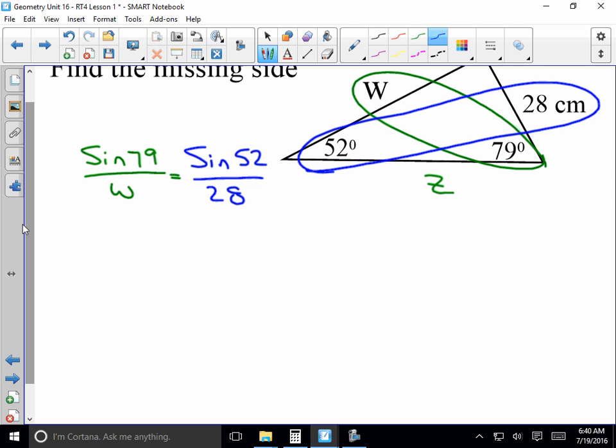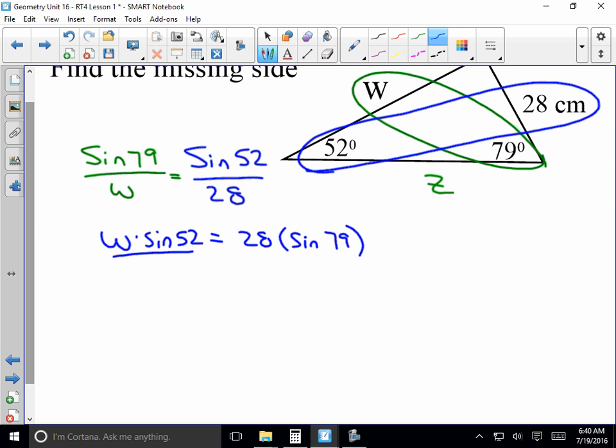So now we cross multiply: W times sine of 52 equals 28 times sine of 79.